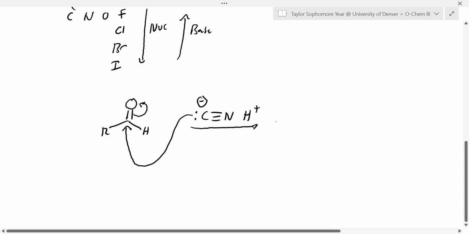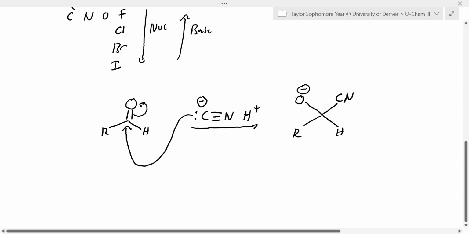From there we have carbon triple bonded to nitrogen, along with the electrophilic oxygen, and R and our H group here.